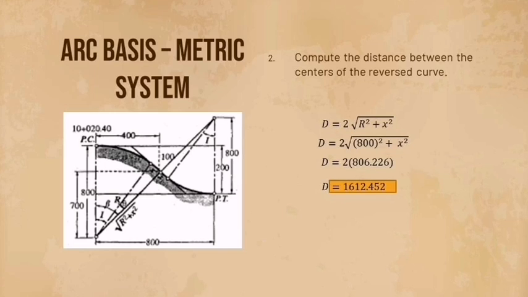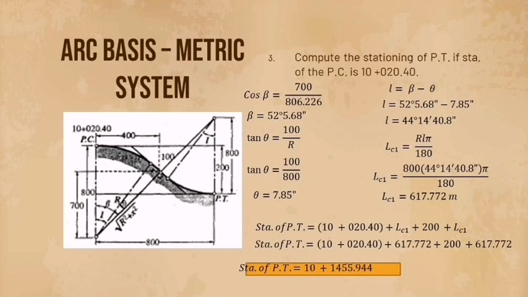After computing it, we'll have the value of 2 multiplied by 806.226, and after multiplying, we'll get the distance value, which is 1612.452. And for number 3, compute the stationing of the PT if station of the PC is 10 plus 020.40.